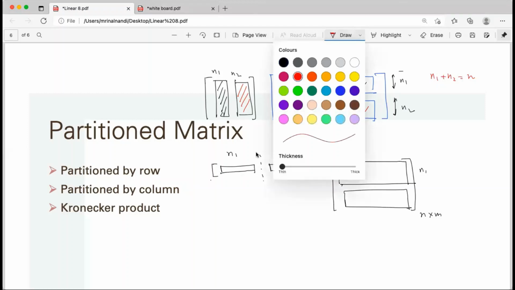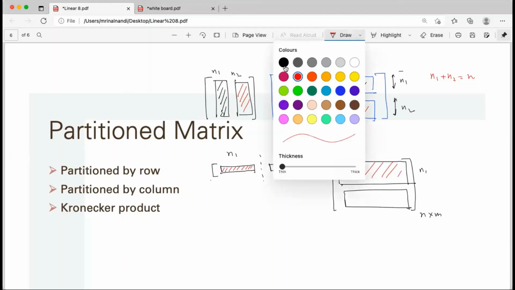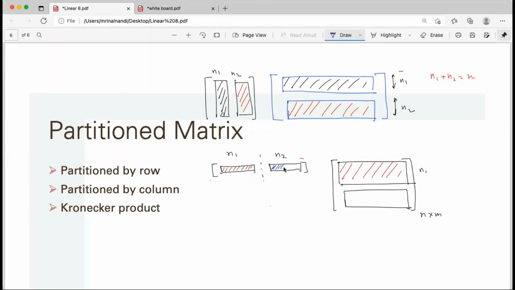And what do you get? This part will be, because we know this is basically an element of the row space. The first scalar of the left matrix is multiplied with the first row only.